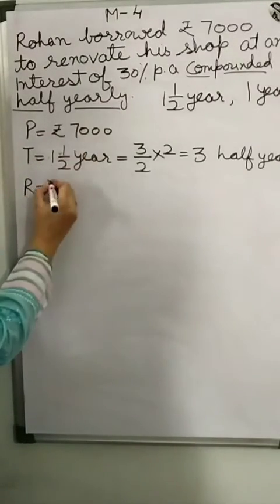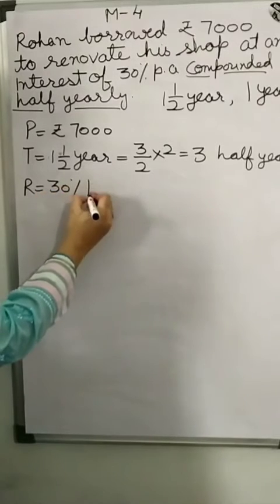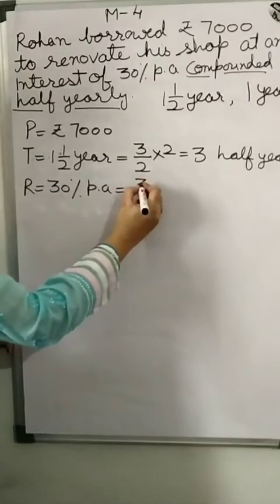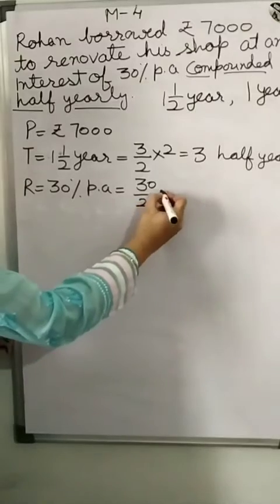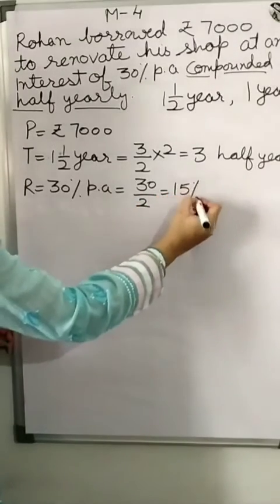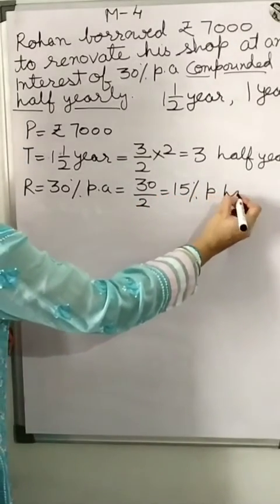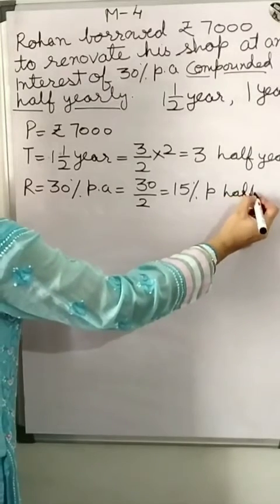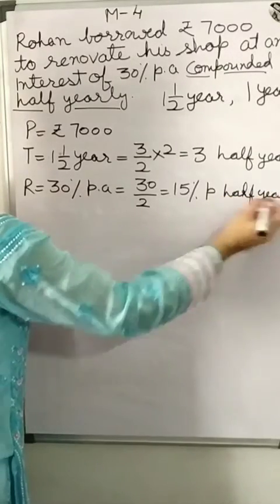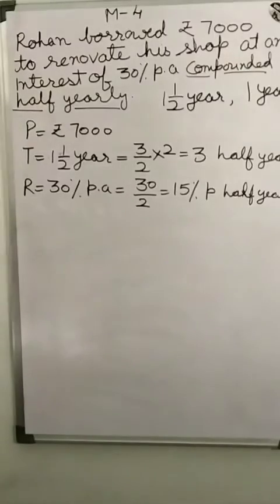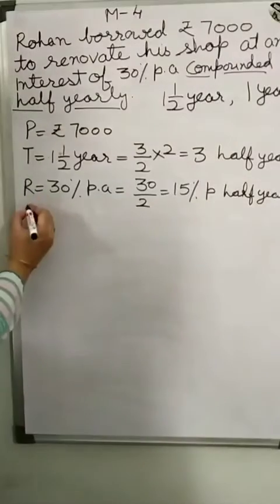So the rate is 30% per annum, so it becomes 30 upon 2, which is equivalent to 15% per half year. Okay.